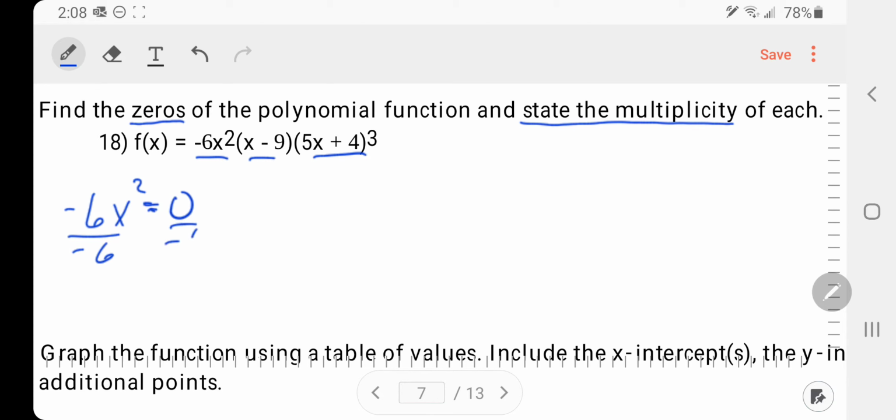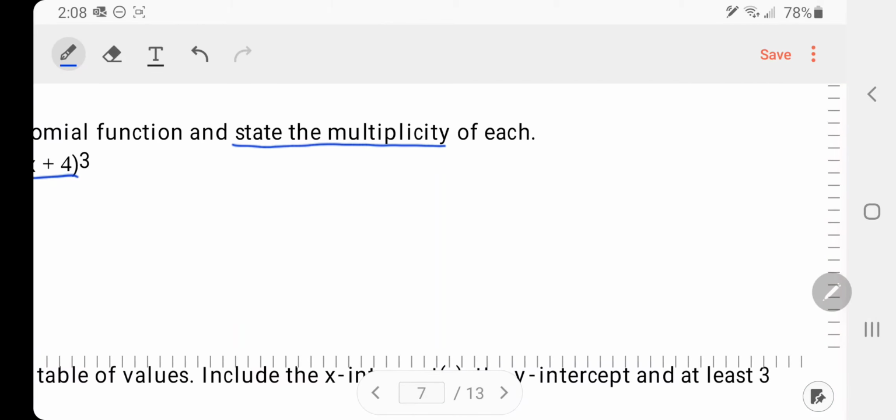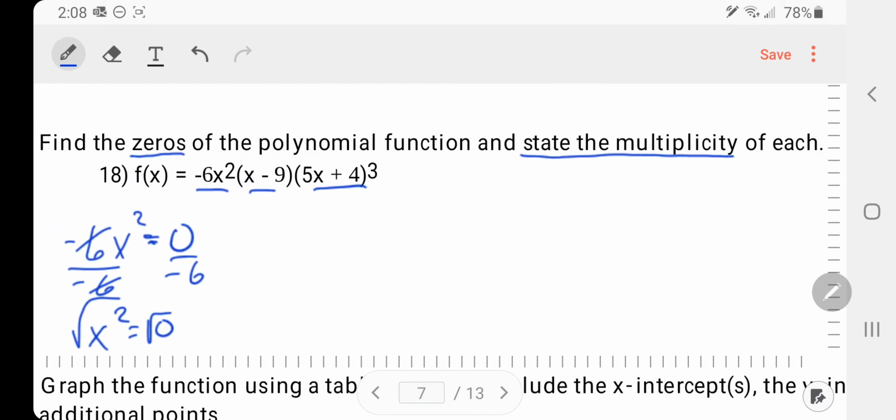Divide by -6. X squared equals 0. Taking the square root of both sides tells me that x equals 0, with a multiplicity of 2.